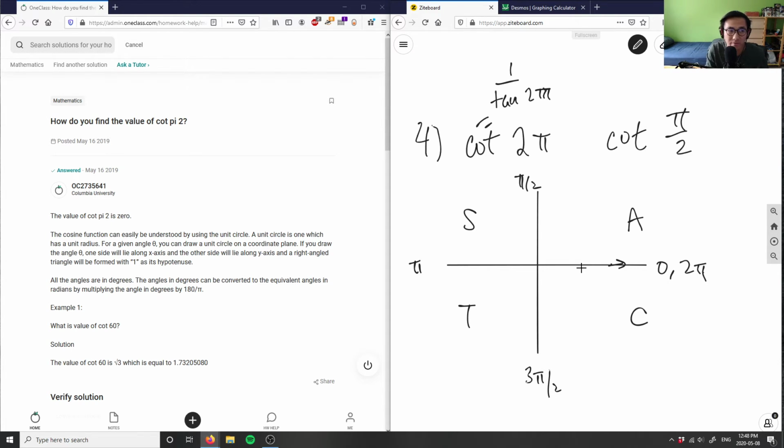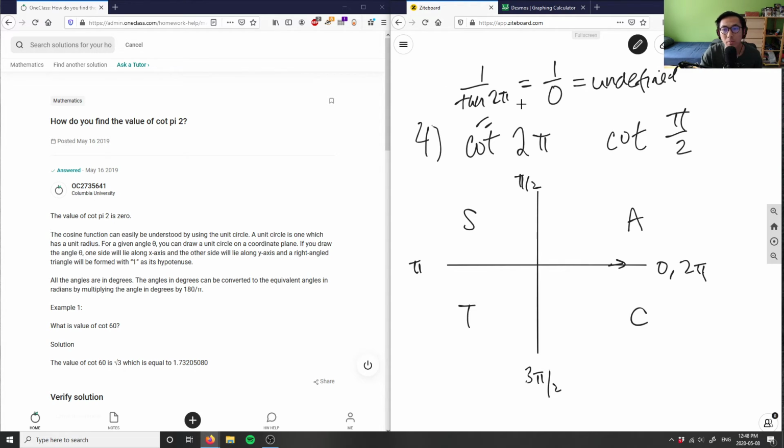So cotangent 2 pi would be 1 over 0, and this is undefined. So it equals 1 over tangent of 2 pi, which equals 1 over 0, which equals undefined.